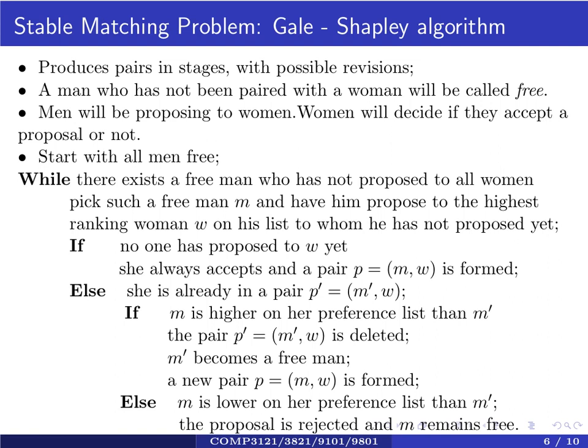Else, if M, the proposing man, is lower on her preferences than M', then the proposal is rejected and M remains free.